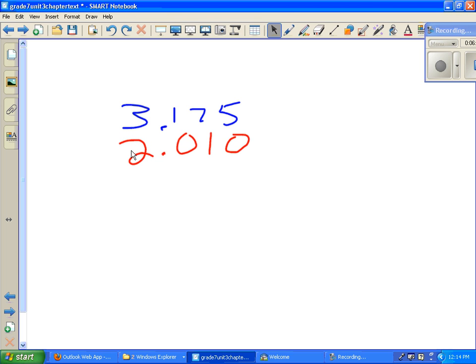And then it's just a matter, if you're adding, you just start the way you would add it normally. I would put my decimal down here right away so you don't forget, and go 5 plus nothing is 5. 7 plus 1 is 7. 1 plus nothing is 1. 3 plus 2 is 5.